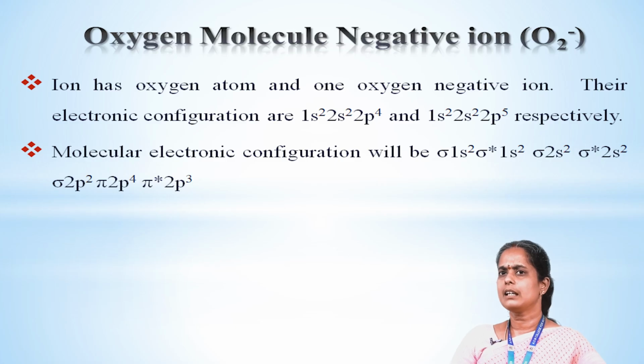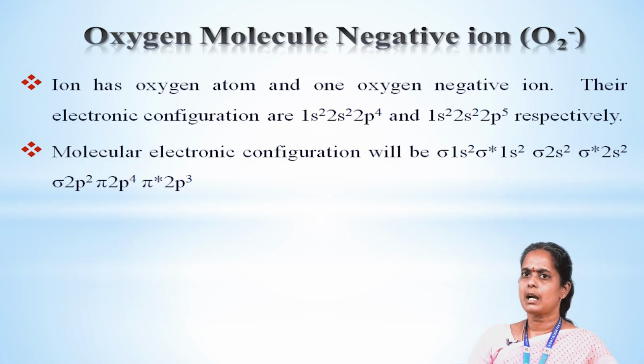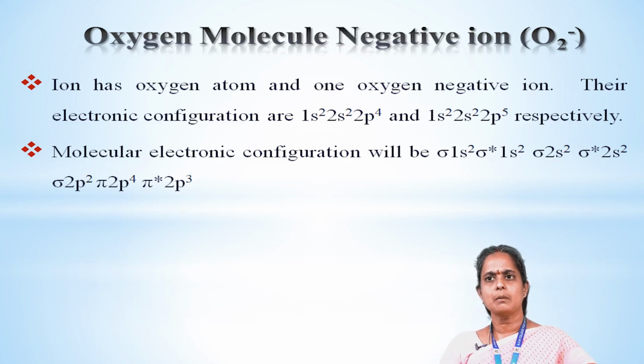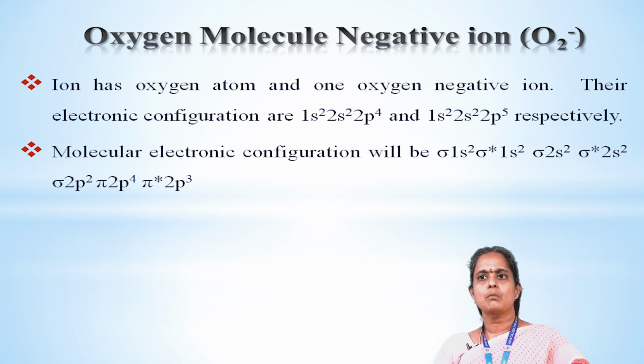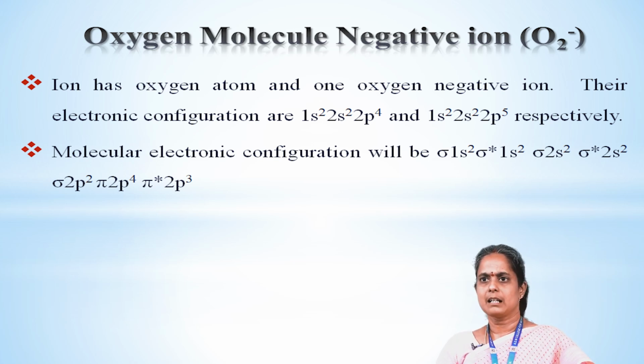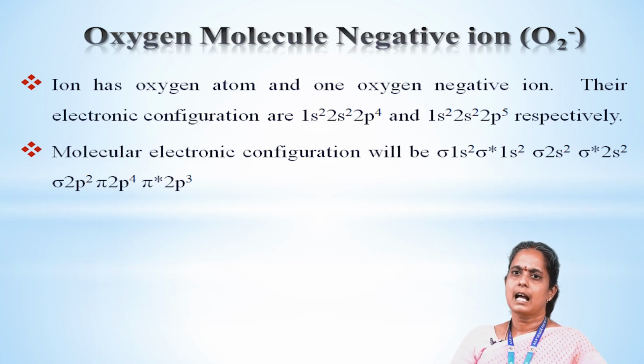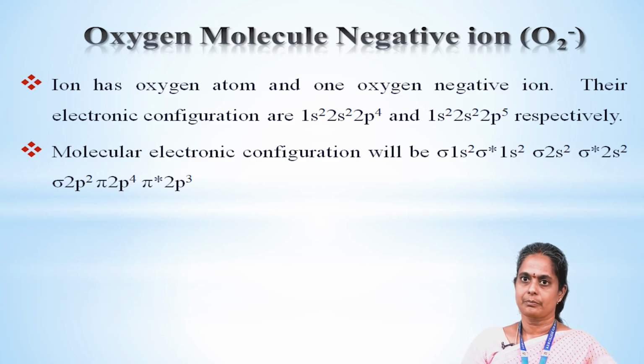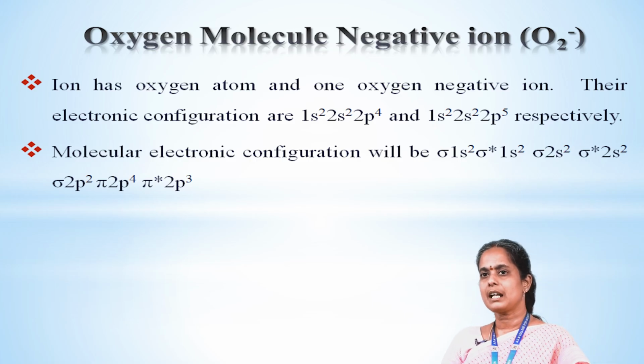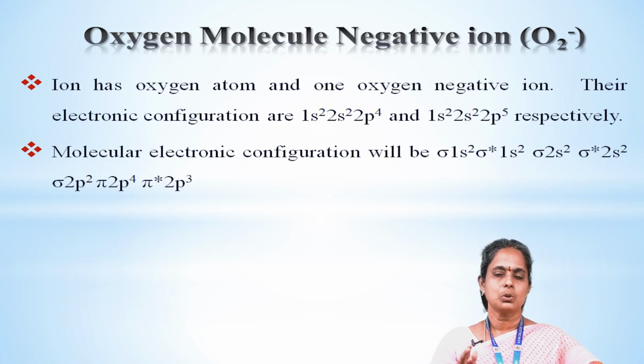Now, let us see the O2 negative ion, the oxygen molecule minus ion, for the molecular orbital diagram. This ion has an oxygen atom and an oxygen negative ion. The electronic configurations are 1s2, 2s2, 2p4 for the oxygen atom, and 1s2, 2s2, 2p5 for the oxygen negative ion.